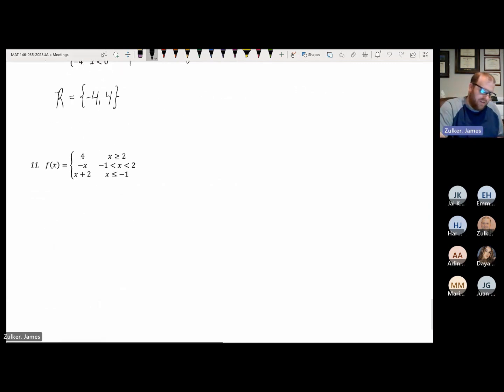Right, and last one. Take this piece by piece. So let's start with the first piece. For x greater than or equal to 2, k is equal to 4. Because again, what we're doing is we're saying let f of x be some value k.